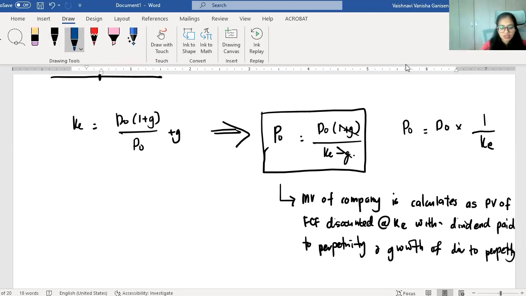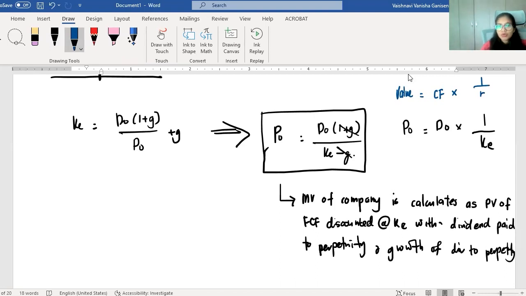Why do I say it should be familiar? Because if I replace this, value equals cash flow multiplied by 1 over r, this is actually the perpetuity formula.